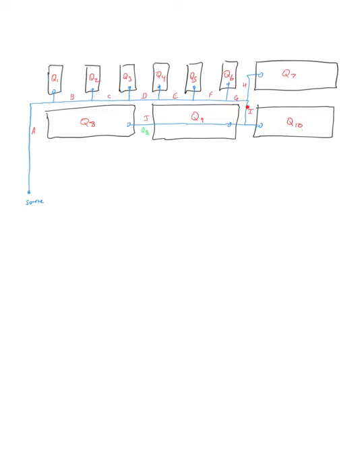So if we look at this pipe segment I, we can say, well, what is the flow rate through pipe segment I? Well, that would be Q8 plus Q9 plus Q10. All of the flow that's going to all three of those beds has to go through pipe I.